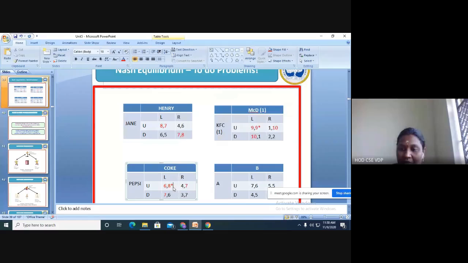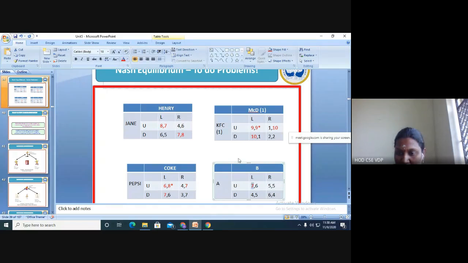Okay. And finally, for this, for player A, it is 7 and 5. So that is going to be 7. Then it's going to be 6. Right? So U strategy when compared to these two.